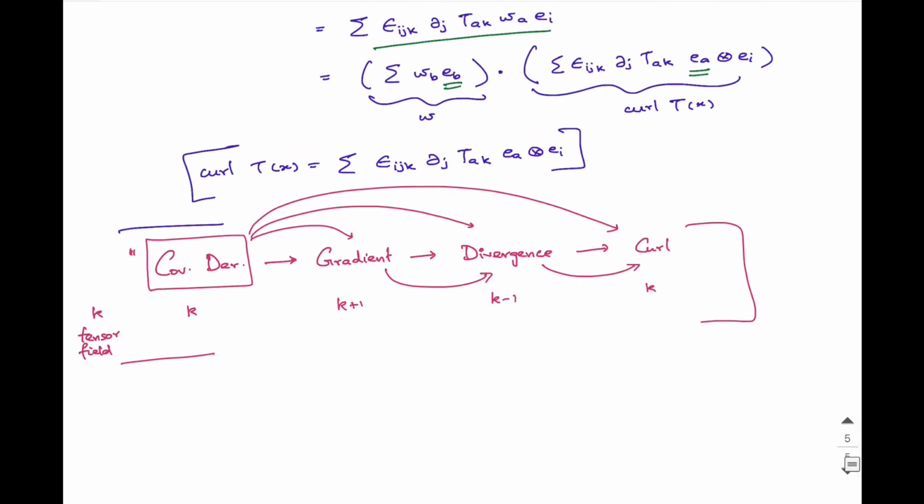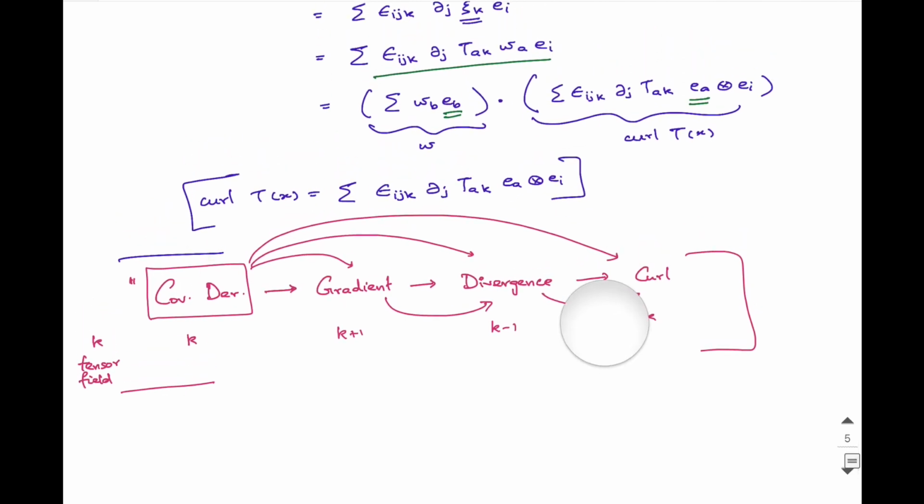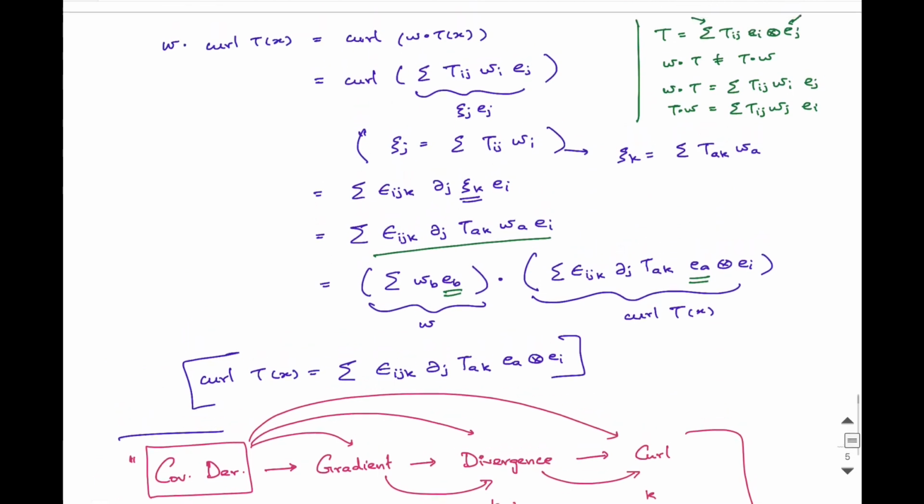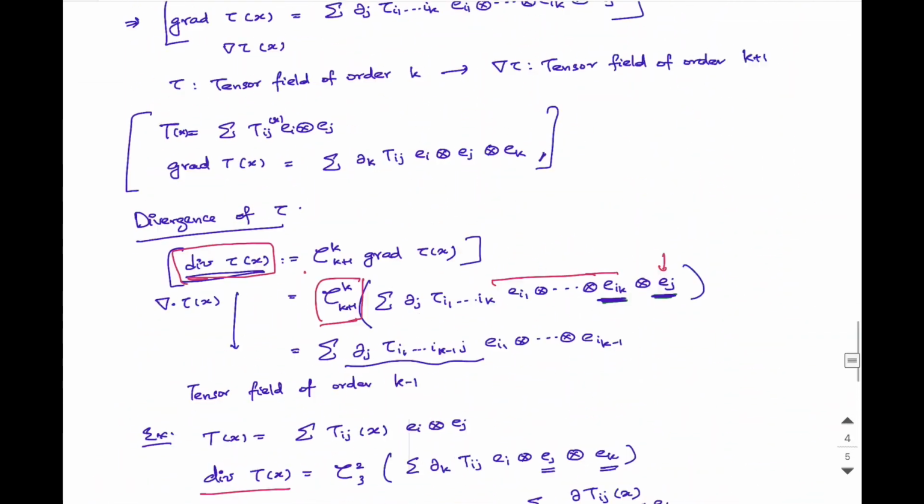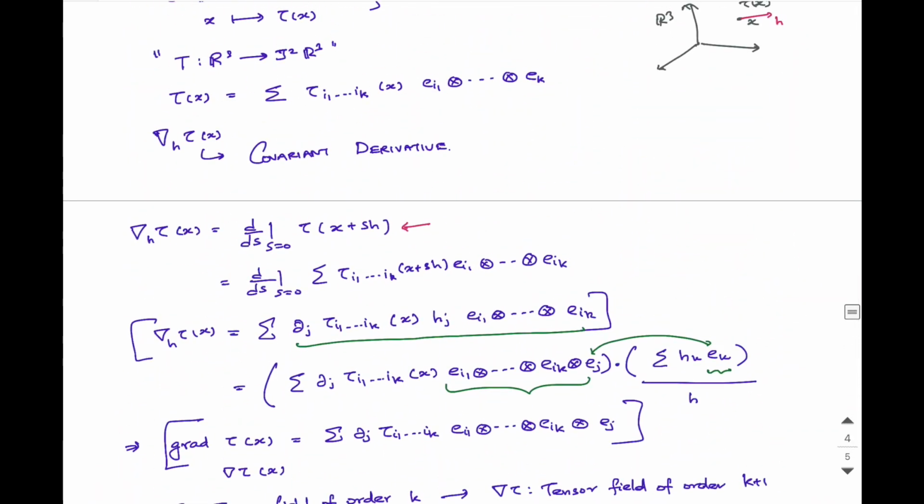That's the point. Good. Now, I'll stop this video here, but in the next lecture we'll extend this to general curvilinear coordinates. The reason that gets interesting is that if you look at the expression where we define the covariant derivative, which is the starting point for everything, we have these basis vectors e_i which are constant.